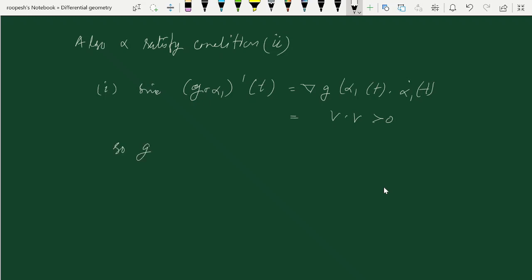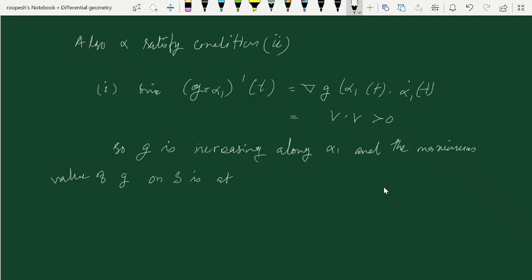So G is increasing along alpha 1, and the maximum value of G on S is attained at alpha 1 of 0, that's equal to P.